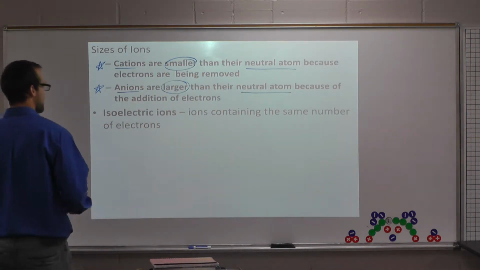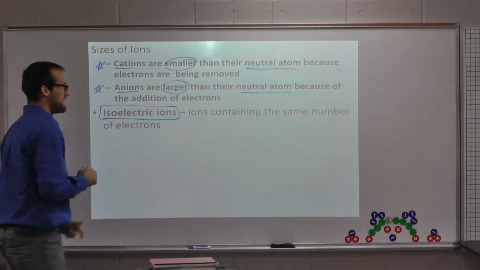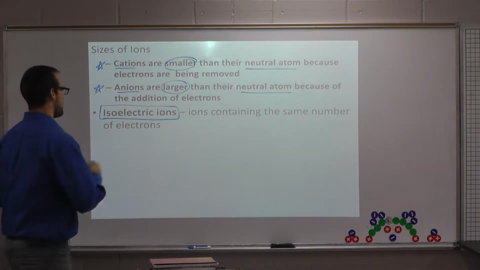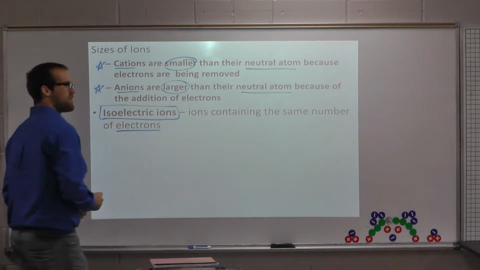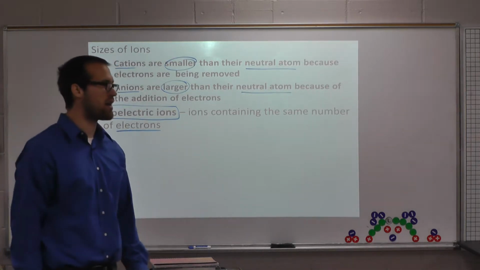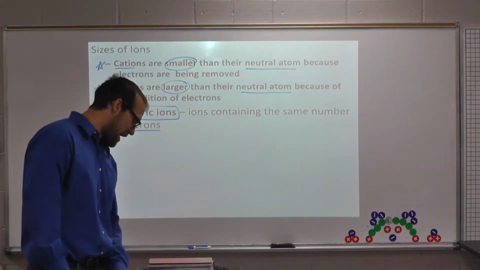I don't think there's too much that I need to discuss about that. It makes pretty logical sense. The next thing we're going to talk about is isoelectronic ions. These are a group of ions that all have the same number of electrons. Do they have the same number of protons? Not necessarily. No, they're not going to have the same number of protons, and that's actually how we're going to determine the size of these guys.